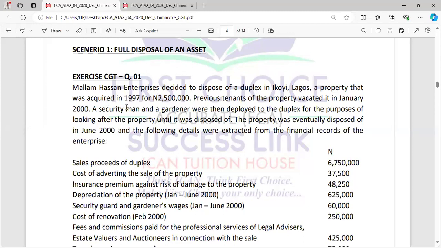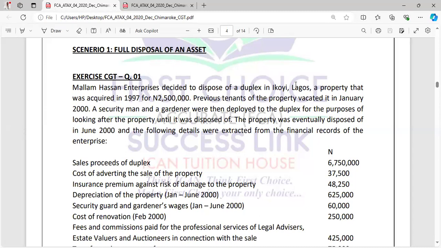A security man and a gardener were then deployed to the duplex for the purpose of looking after the property until it was disposed of. So it means that this security man and the gardener, they were taking care of the property, making it safe, looking after it until it was disposed of.